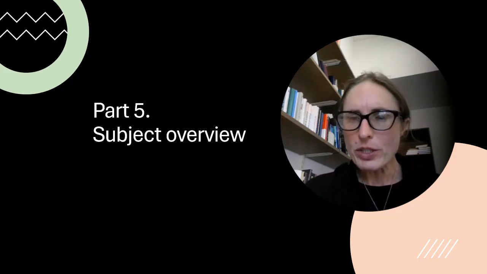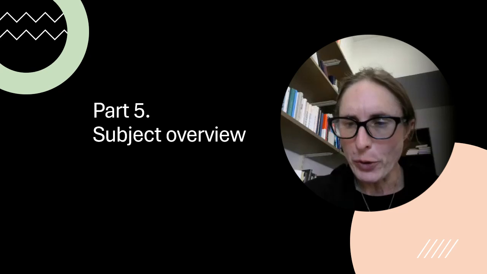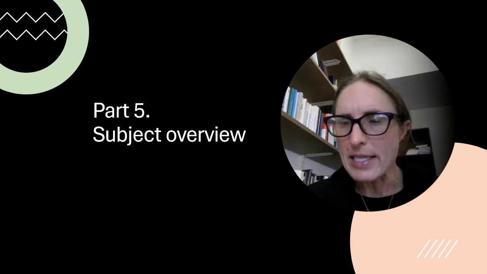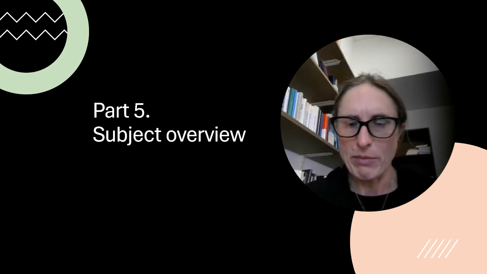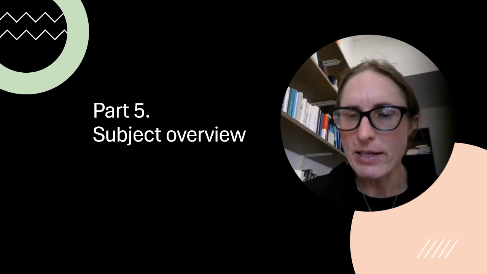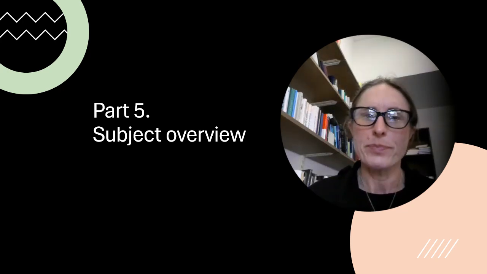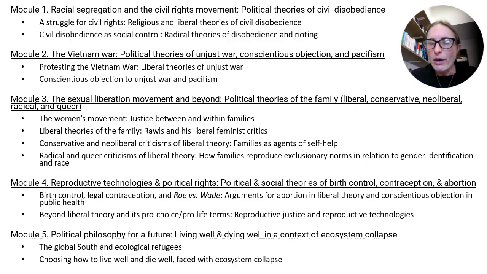So I now turn to a broad subject overview so that you can get a sense of the logic of this subject and how we will progress through it. So how are we going to study political philosophy in this subject?